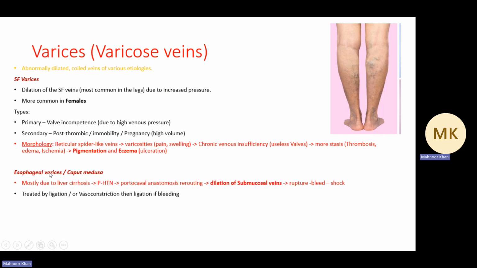Esophageal varices rupture and bleeding is the most common cause of death in people with portal hypertension due to liver cirrhosis. And caput medusa is for the abdomen. So you can talk about these main etiologies: portal hypertension due to liver cirrhosis.